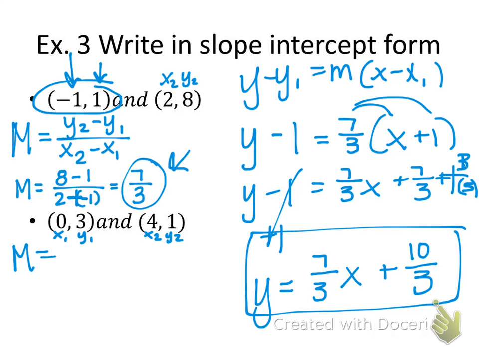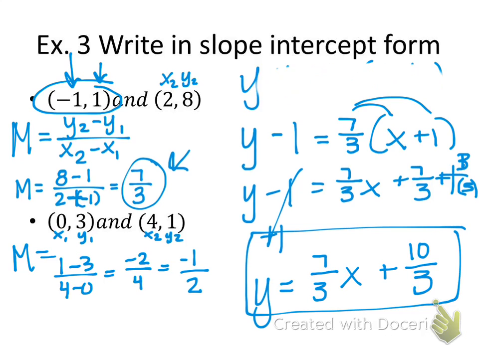I plug it in. 1 minus 3 over 4 minus 0. What's 1 minus 3? Negative 2 over 4, which equals what? Negative 1/2. Okay, negative 1/2. So I've got that. Now I'm going to erase everything that we just did over here.